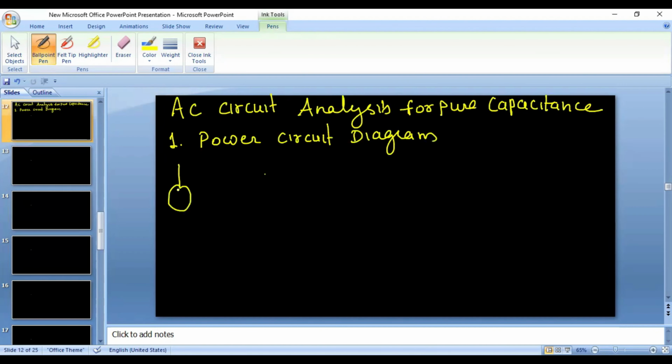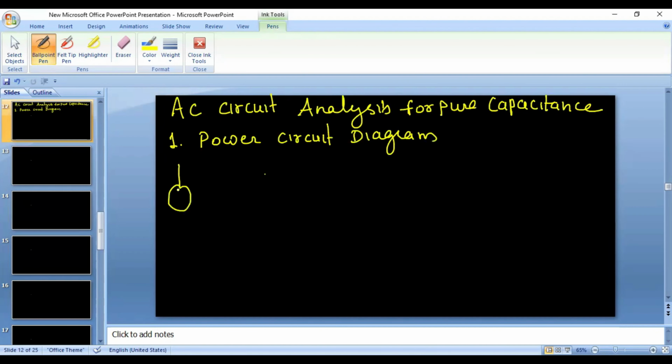So I can write Vm cos omega t over Xc, where Xc is equal to 1 by omega C. So the expression of current IT is equal to Vm upon Xc, and cos omega t I can write as sin omega t plus 90. Further I can write it as Im sin omega t plus 90, where Im is equal to Vm by Xc, where Xc is the capacitive reactance.